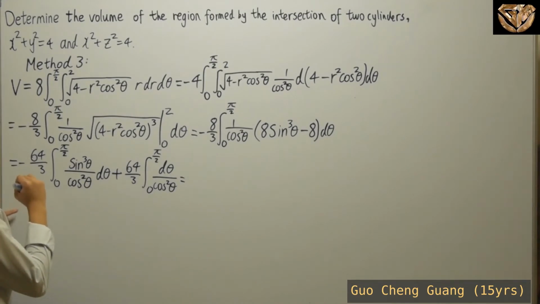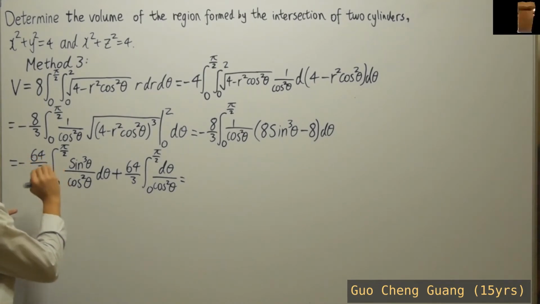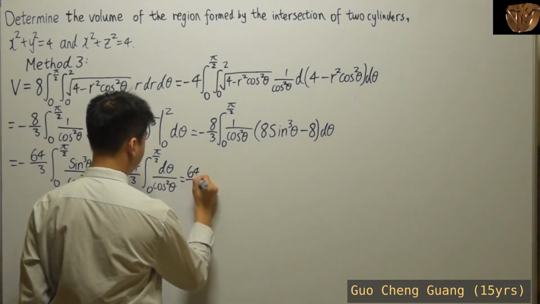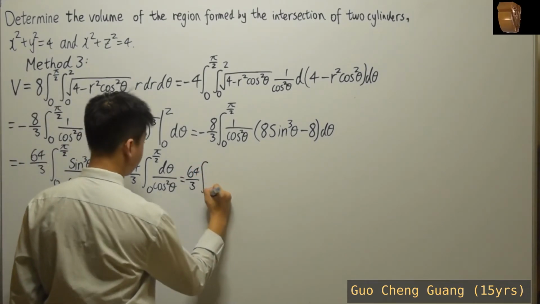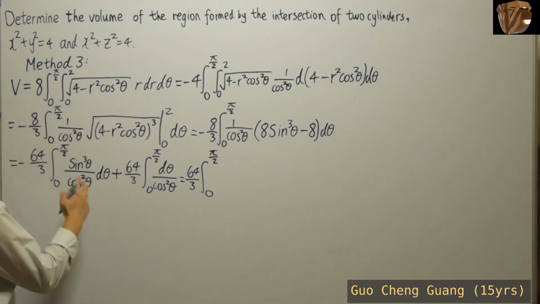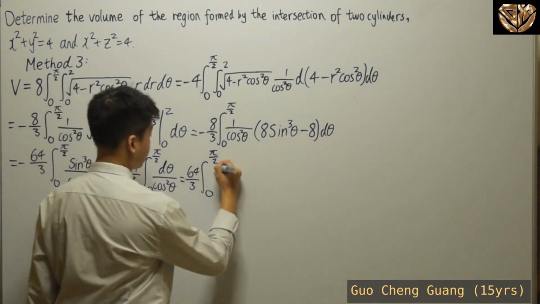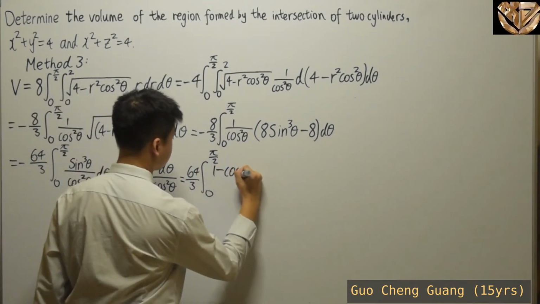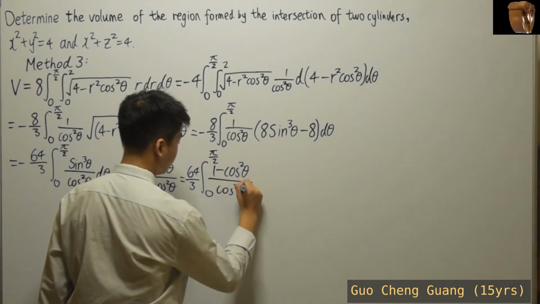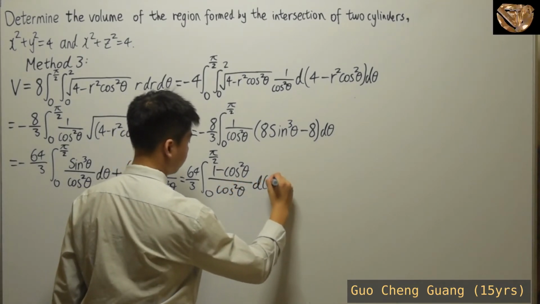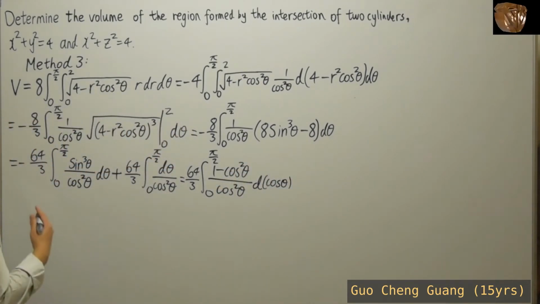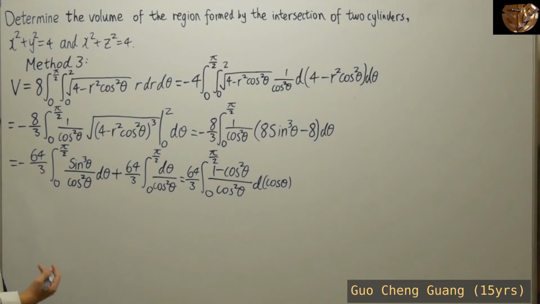Then you are going to use your identity on the numerator, which you will see 64 over 3, integrate from 0 to half pi. So with that, when you put it inside and you use the identity, you're going to have 1 minus cosine square theta on the numerator, and you're going to have d cosine theta. Right, so that will be what the first term becomes.